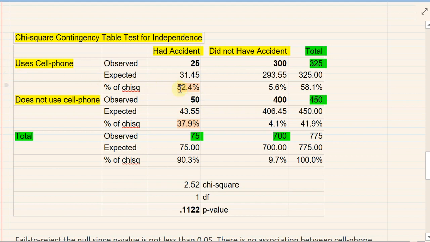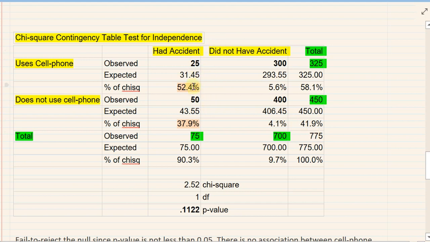So those who had accidents, the majority of those who had an accident used a cell phone. Okay, right, 52%. Because these totals should add up to, let's see, 90%. Okay, never mind. That's contribution to chi-square. It's not the percentage who had an accident. 25 out of 775, that's what percentage had an accident.